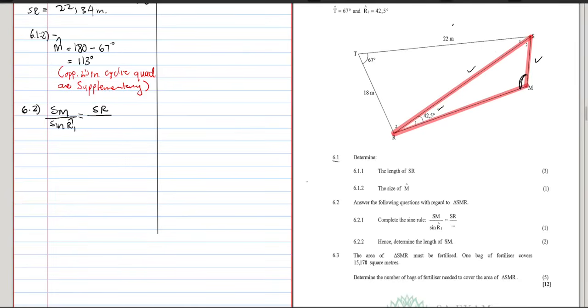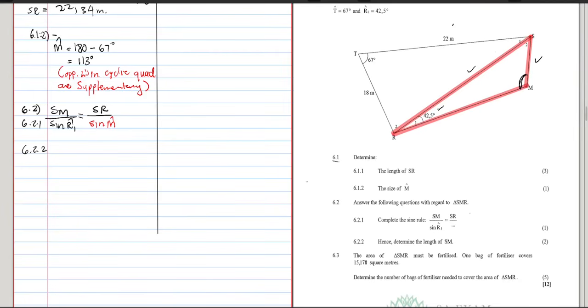That's the 1 mark. That's 6.2.1 and then 6.2.2. Hence determine the length of SM.